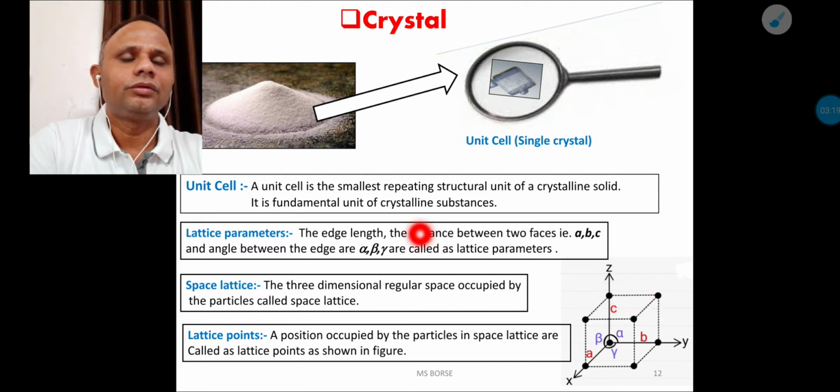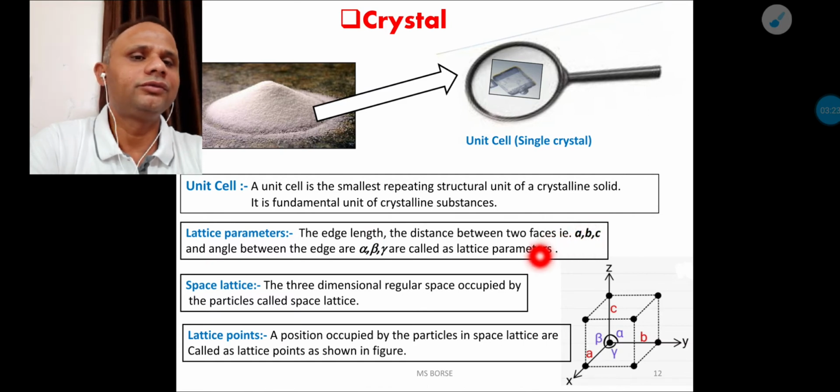To characterize this unit cell, we have to assume some parameters, from which we can find the characteristic properties of the unit cell.